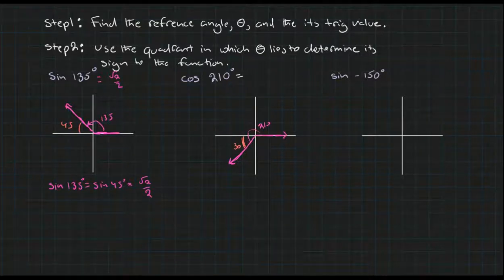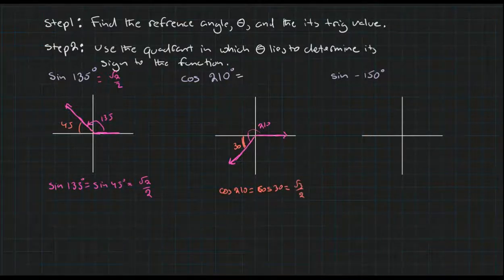So I can say that, whoops, not sine, cosine of 210 is the same as cosine of 30 degrees. We know cosine of 30 degrees is square root of 3 over 2.